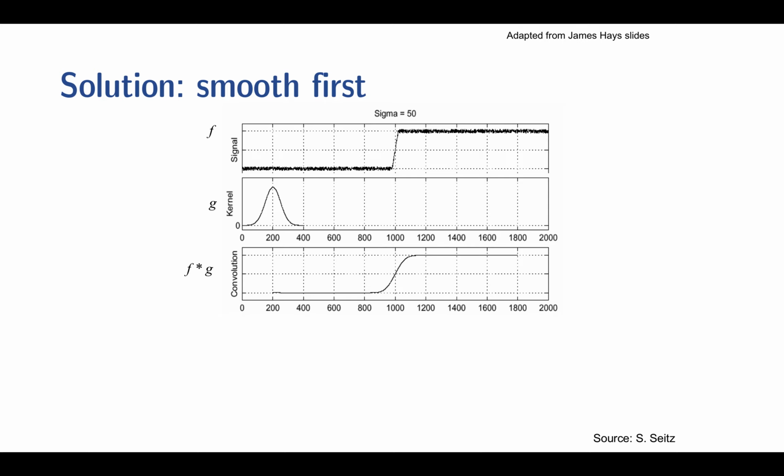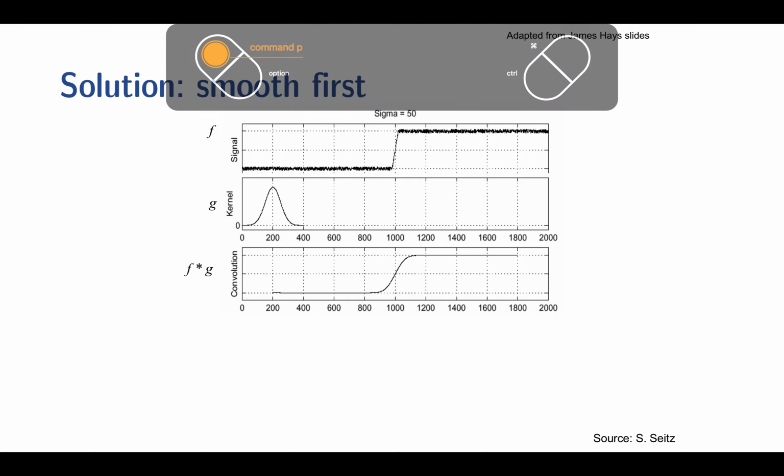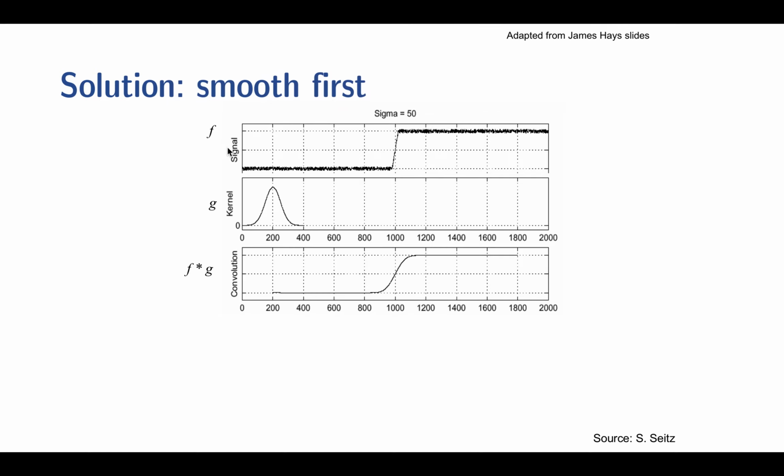As a function, this function g has some constant here, which is 1 over square root of 2 pi sigma, but that's just a constant. Then e to the minus x squared over 2 sigma squared.